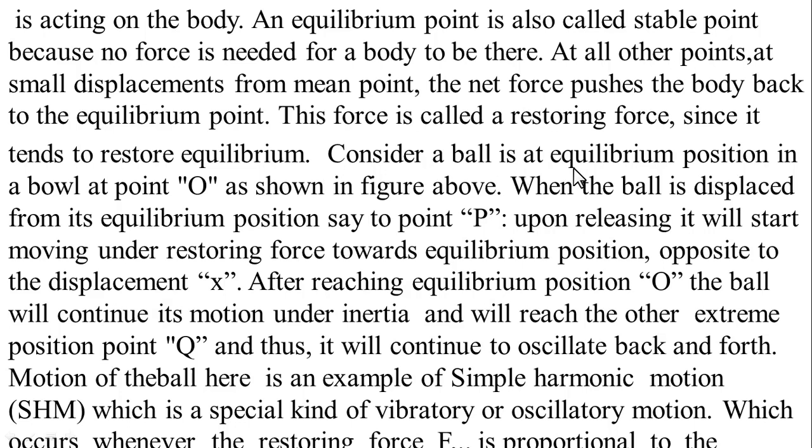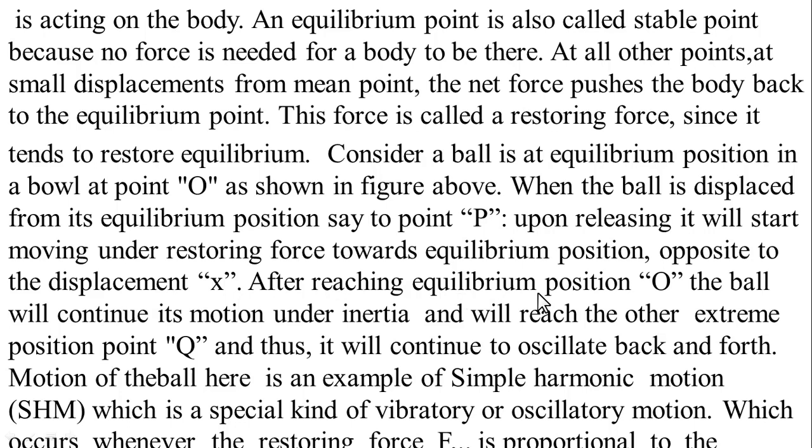Consider a ball at an equilibrium position in a bowl at point O as shown in the figure above. When the ball is displaced from its equilibrium position, say to point P, upon releasing, it will start moving under the restoring force toward the equilibrium position, opposite to the displacement x.